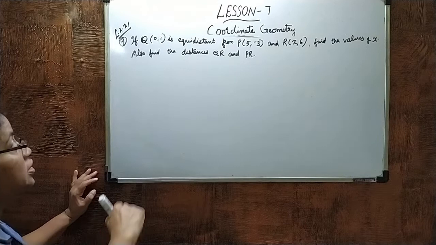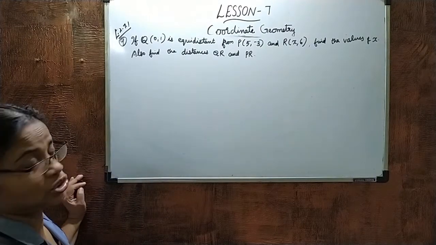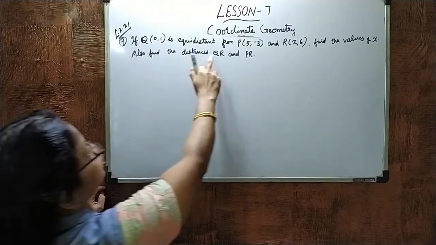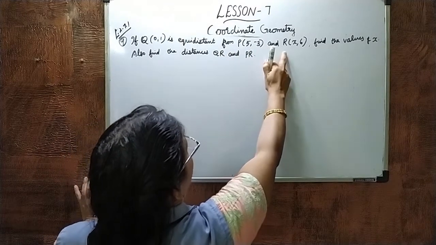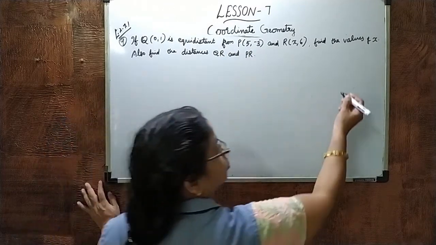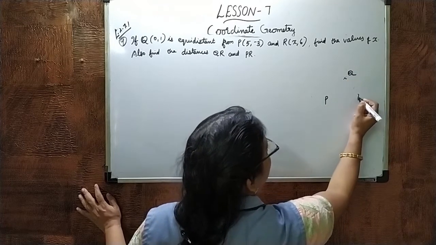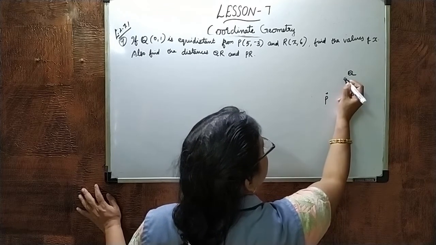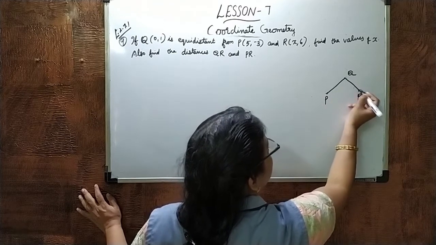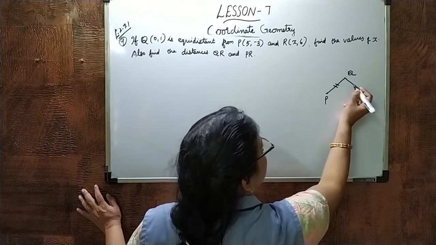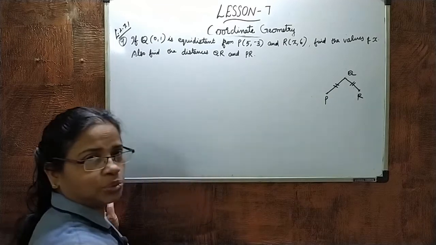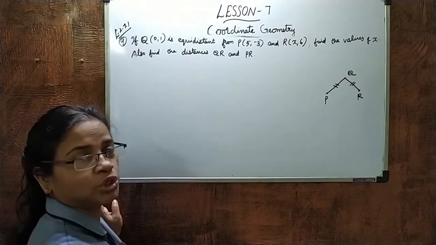Now next question, exercise number 7.1, ninth question. If Q is equidistant from P and R, right? So from here itself what can you say? PQ will be equal to RQ, or QP will be equal to QR.